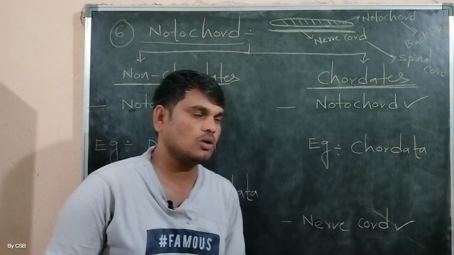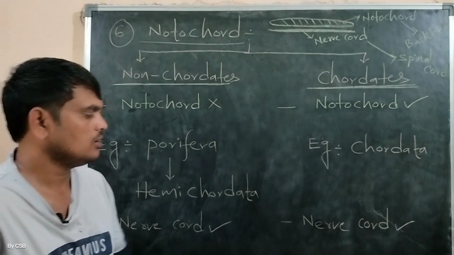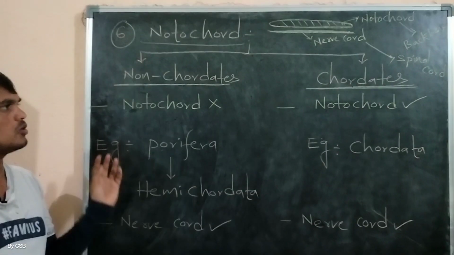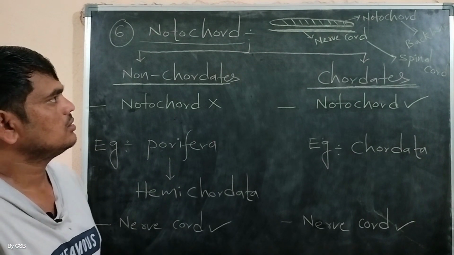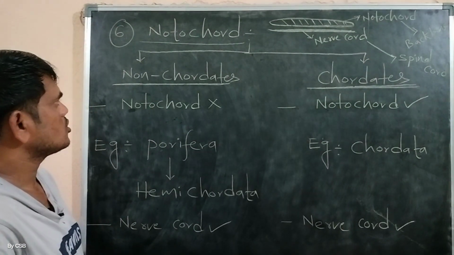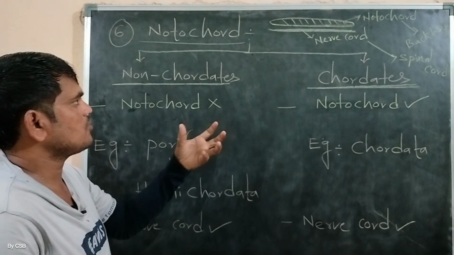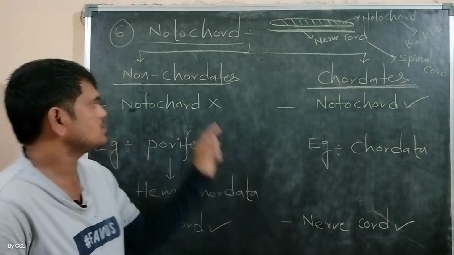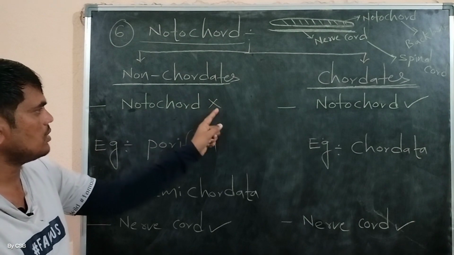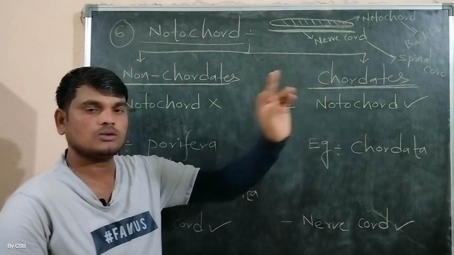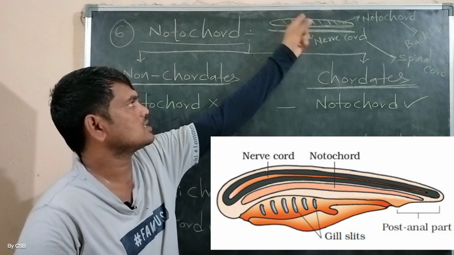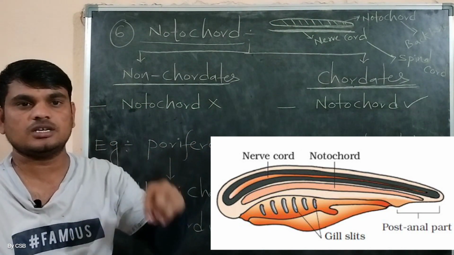Best example, phylum Chordata, in which nerve cord is also present. This is the presence of notochord and nerve cord. So based on the presence or absence of notochord, animals are of two kinds: non-chordates, in which notochord is absent, and chordates, in which notochord is present. Notochord is a rod-like solid structure limited to the embryonic stage only.